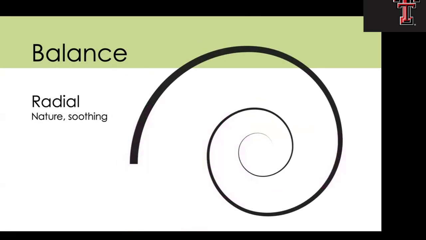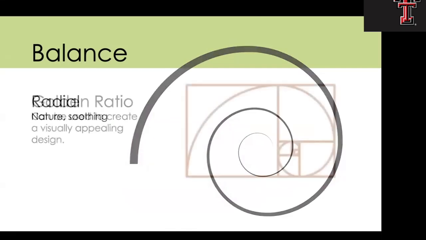There is a radial balance. You can see that's the shape we were making in Illustrator. It's a shape that's in nature. It's a real soothing shape, and you can see this repeated in lots of places. That looks like a snail shell to me.